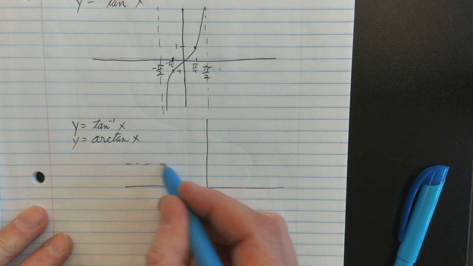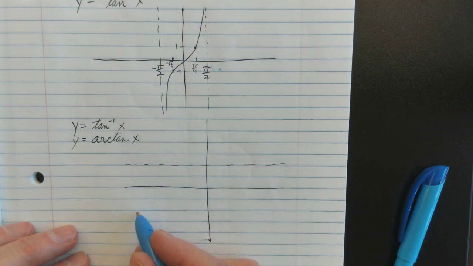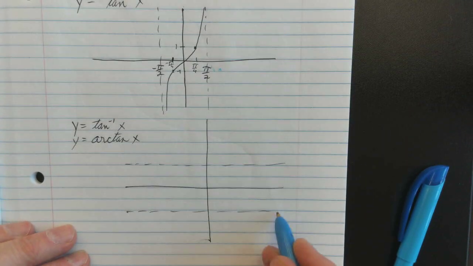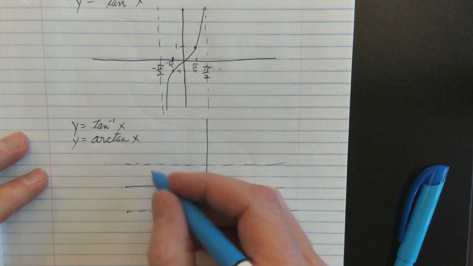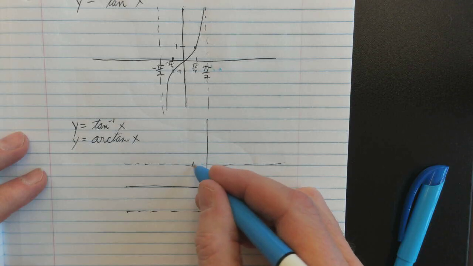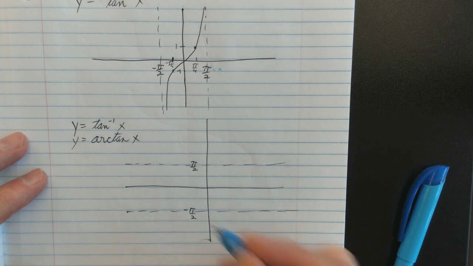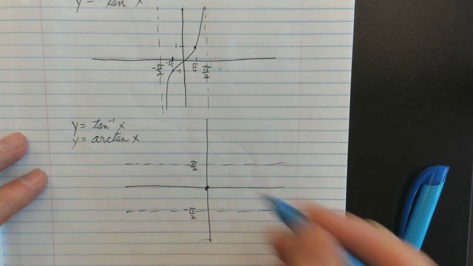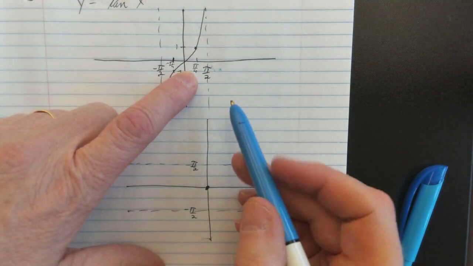Okay, I'm going to draw, instead of vertical asymptotes, horizontal asymptotes. Agreed? All right, and this is at pi over 2. This is negative pi over 2. It goes through 0, 0.